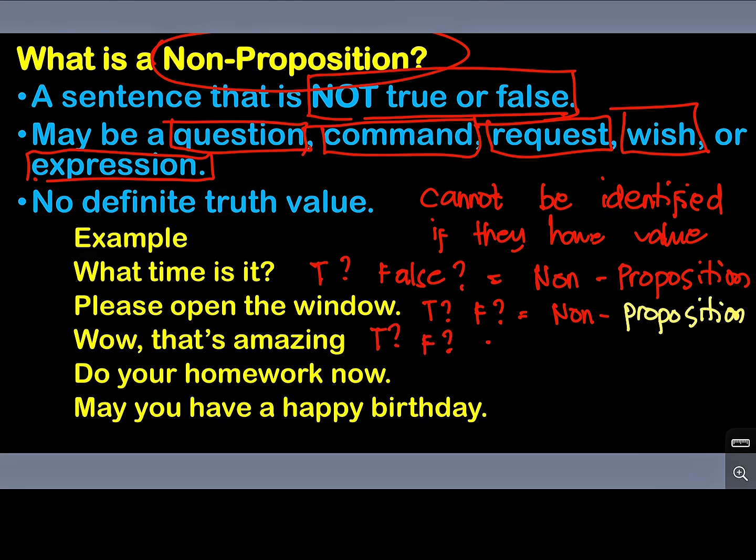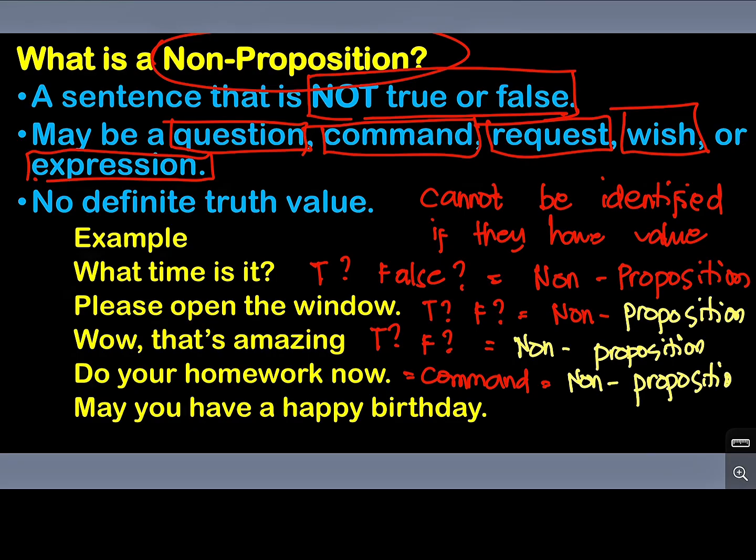Next, may you have a happy birthday. This one is a wish. Same with the first example, it cannot be identified as a proposition because when we critique this one, it cannot be answerable by true or false.